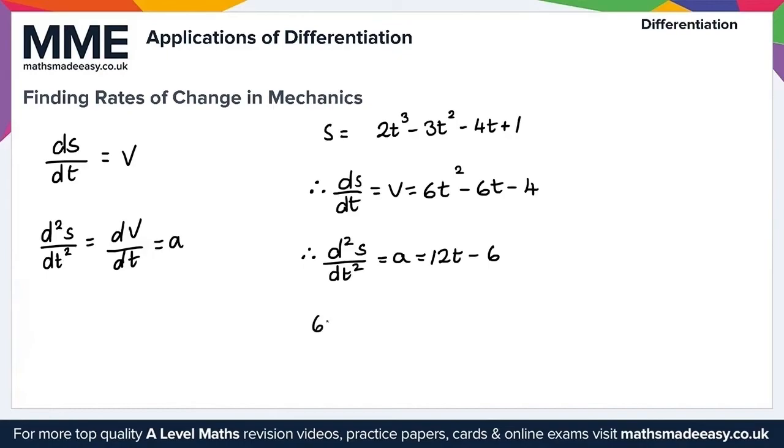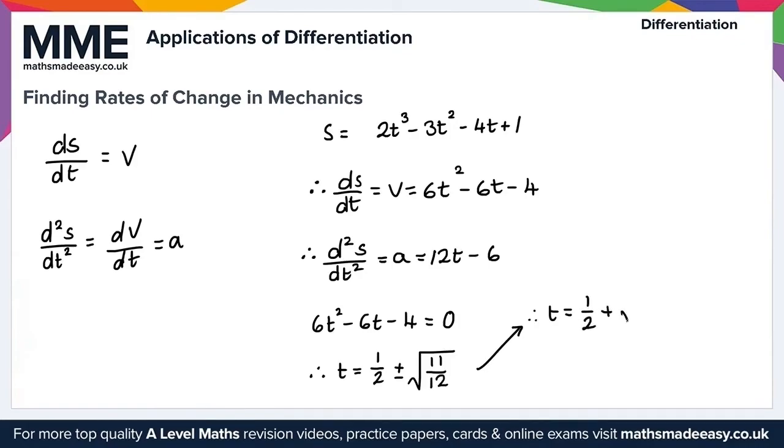So that tells us 6t squared minus 6t minus 4 equals 0. And this must have solutions at t equals a half plus or minus the square root of 11 over 12. But clearly we can't have a negative time value. So in that case, we only obtain one solution, and that is t equals a half plus the square root of 11 over 12.